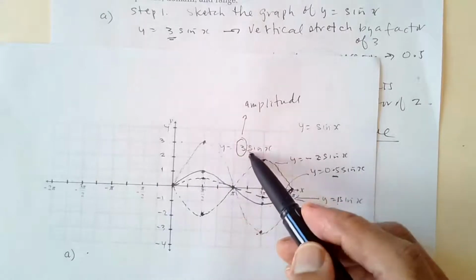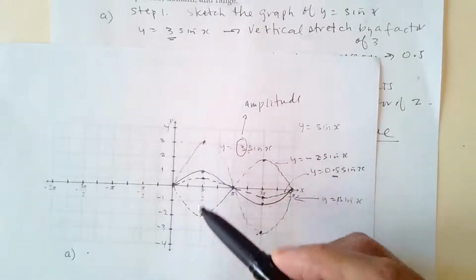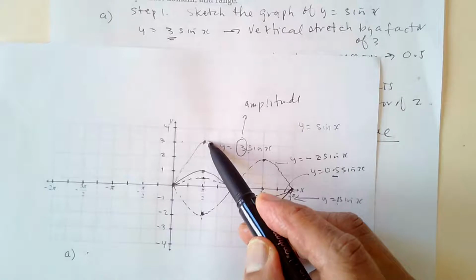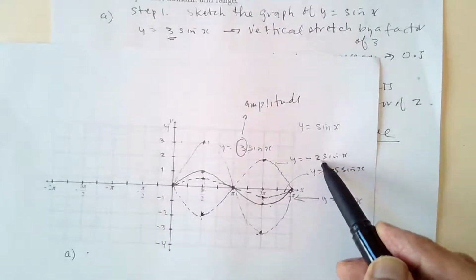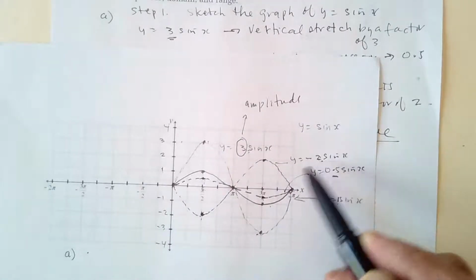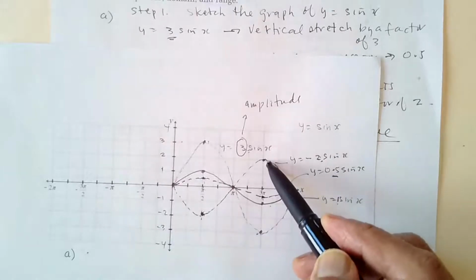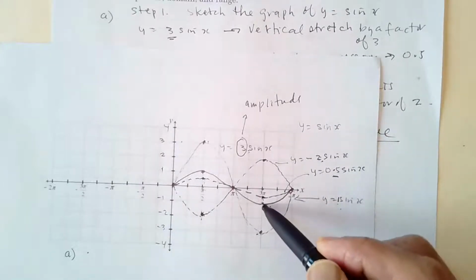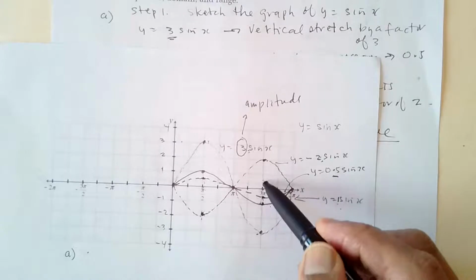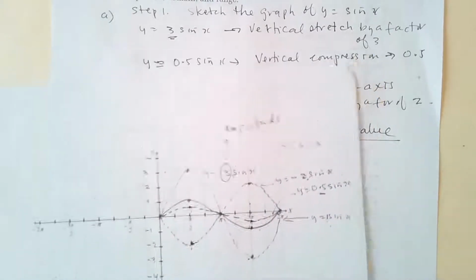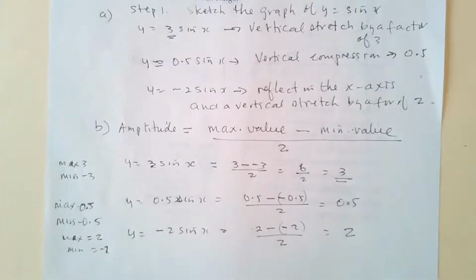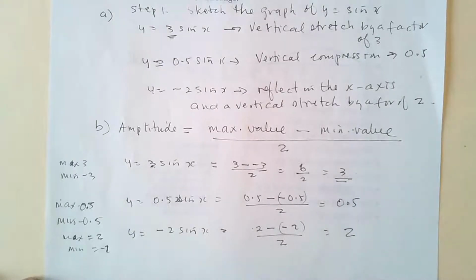So for 3 sine x, it's from -3 to 3 is your range. For -2 sine x it is -2 to 2, and 0.5 is from -0.5 to +0.5. So the range changes with the amplitude.